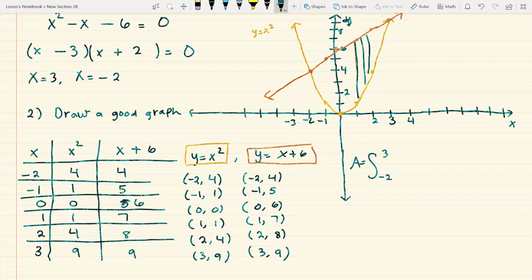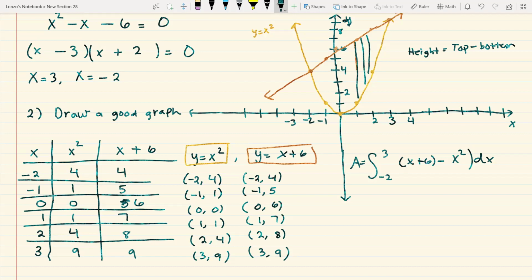Your height, since everything is in terms of x, is going to be the top minus the bottom. The top, believe it or not, is the bronze one, the linear line. So it's x plus 6 minus the bottom, which is the parabola, x squared, dx. Your width is the dx.